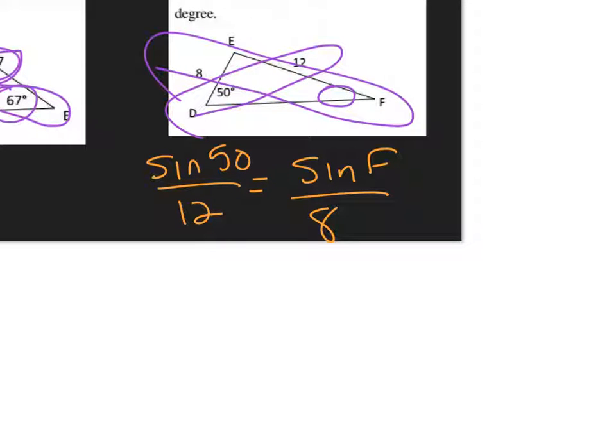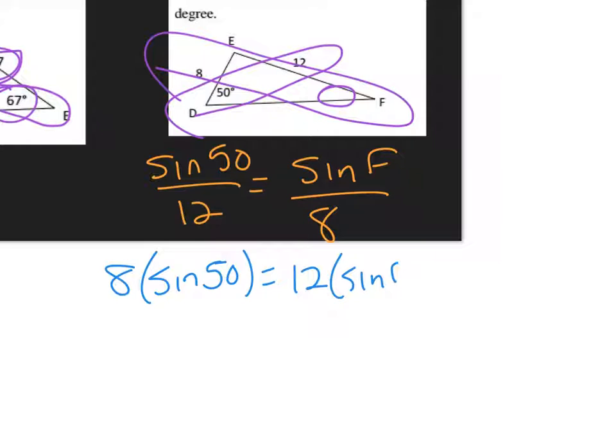So 8 times sine of 50 equals 12 times sine of F. That's going to be 6.128.